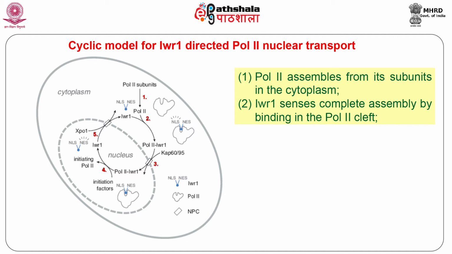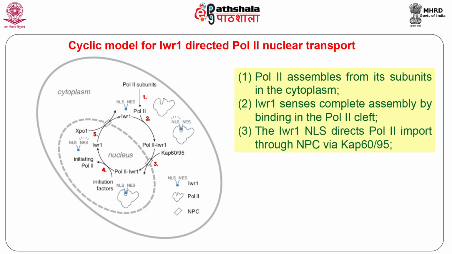IWR1 is a 40 kilodalton protein having a bipartite nuclear localization signal, that is, one nuclear localization signal for import and one nuclear export signal. The IWR1 nuclear localization signal directs import of polymerase II through nuclear pore complex with the help of cap 60 and 95.